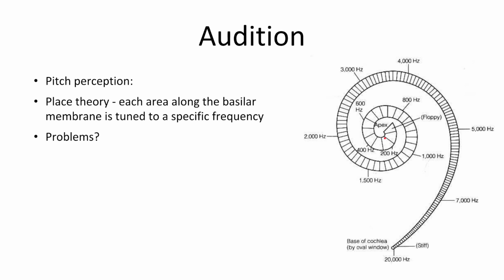What this means is that you can almost think of the cochlea, the basilar membrane of the cochlea, like the keys of a piano. If you took your implanted cochlear implant and were to stimulate here, for example, the person would tend to perceive a lower frequency. And if you stimulated the cochlea up here, you would tend to perceive a higher frequency.